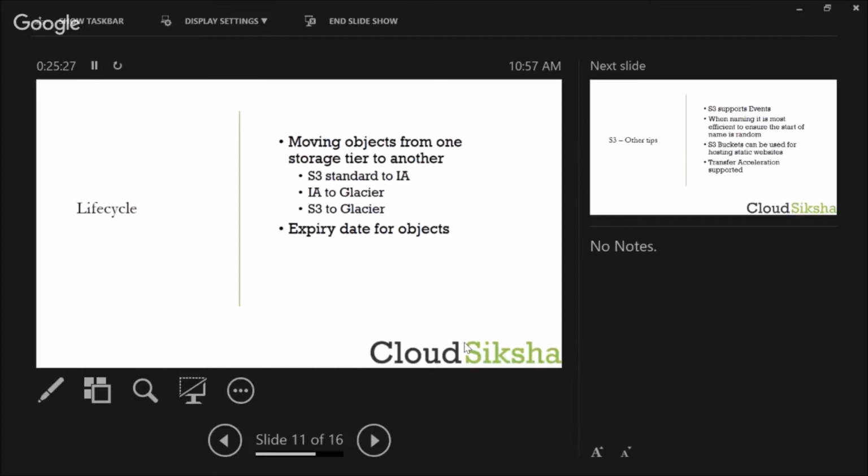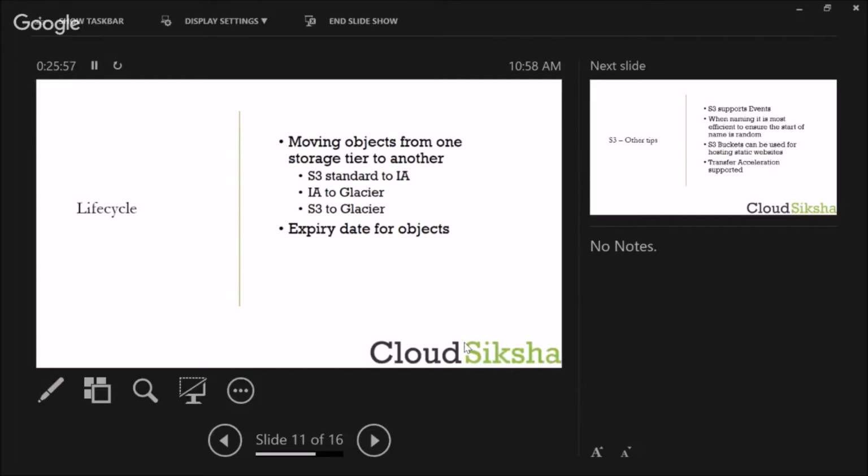Basically, depending on the importance of the object, you want to move the objects across to ensure good data management on one hand, and secondly, good cost control on the other hand. Because if you keep all objects in the standard storage, it's going to be very costly for you.